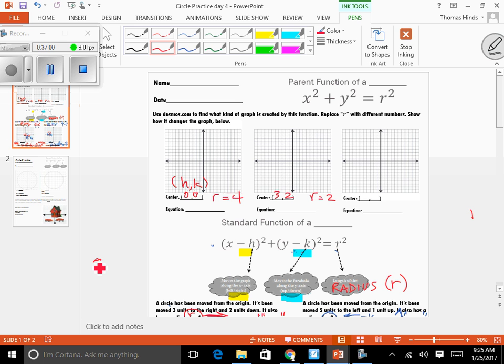Yeah, so the very first one. So I'm walking around just checking. I see some sketches for the 3, 4. The equation for that first one is going to look a little bit weird.